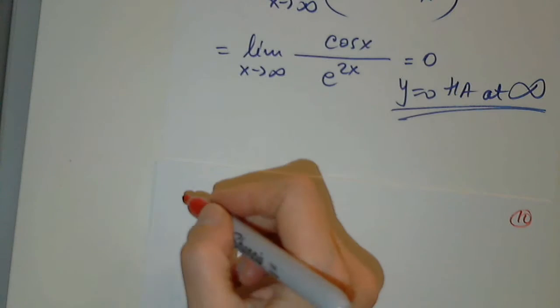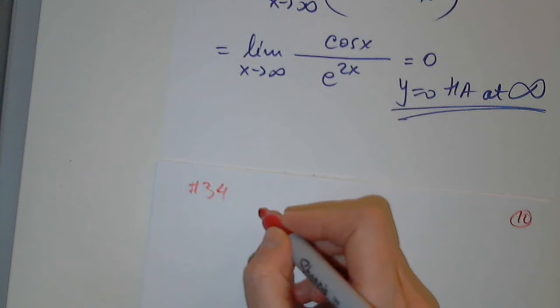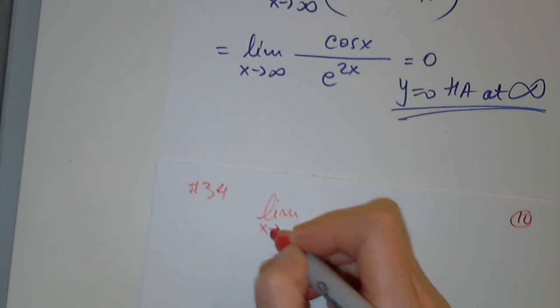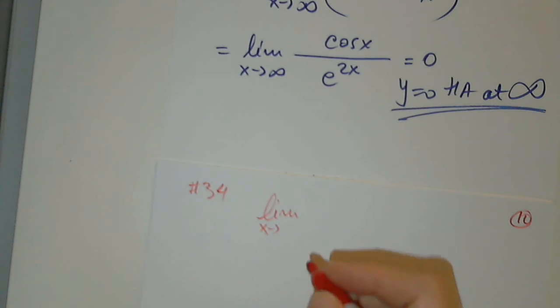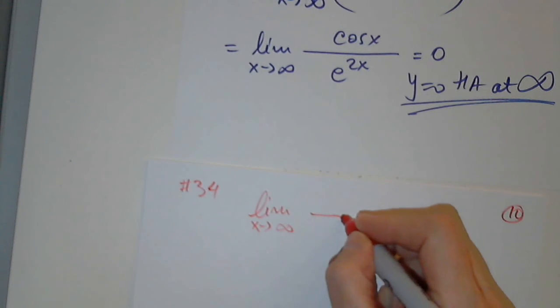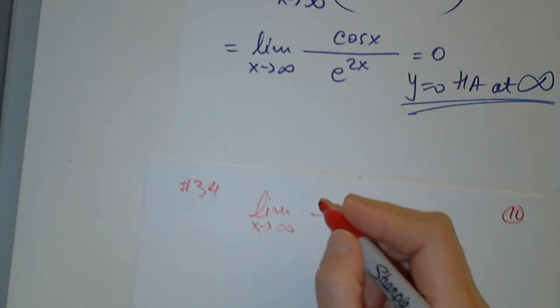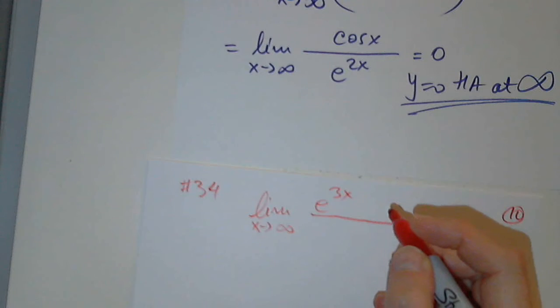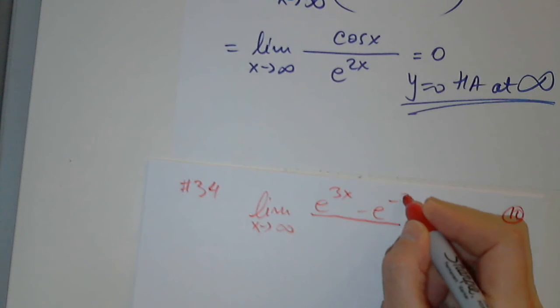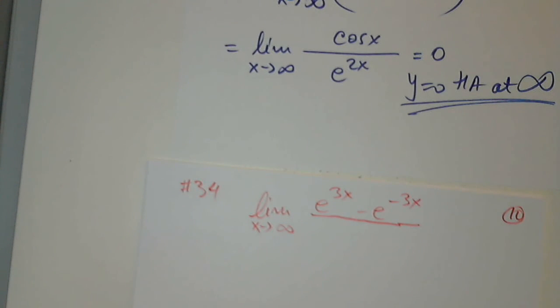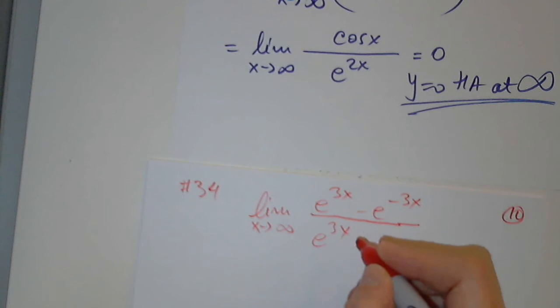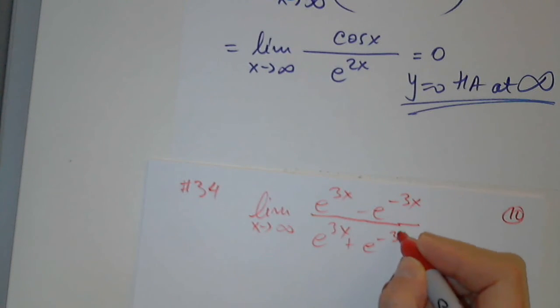Okay, so I was looking at 34. So this is limit as x approaches infinity of, I think it's e to 3x, correct me if I'm wrong, minus e to negative 3x, divided by e to 3x plus e to negative 3x.